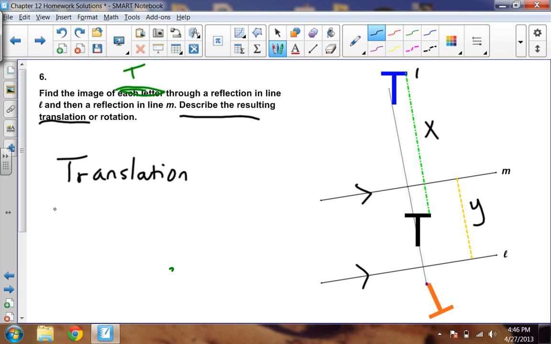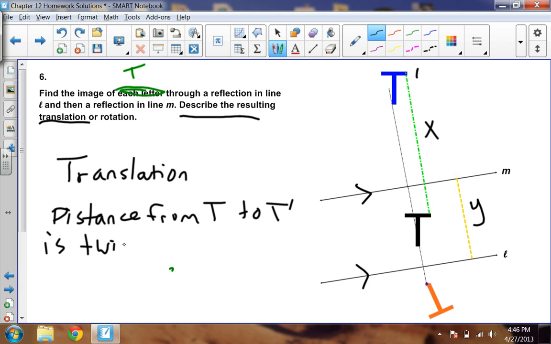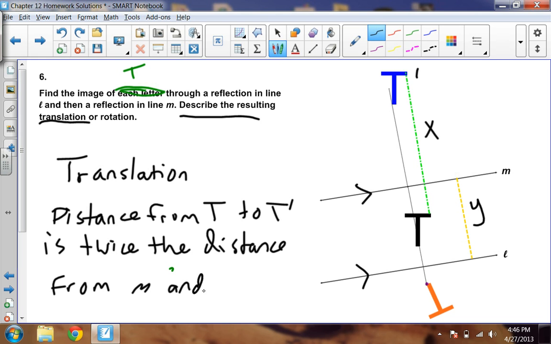I'm not sure exactly how you want to describe it, but the distance from T to T prime is twice the distance between lines M and L. So in other words, 2 times y equals x. If I multiply this length by 2, I get this length x. And that is an important thing you have to remember.